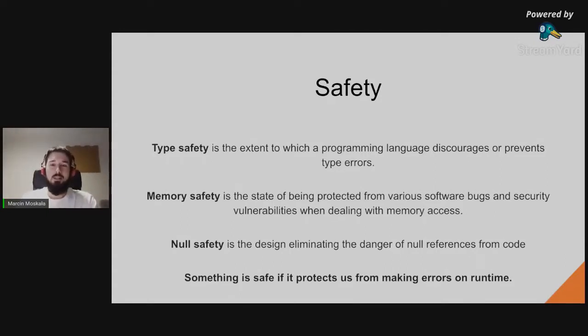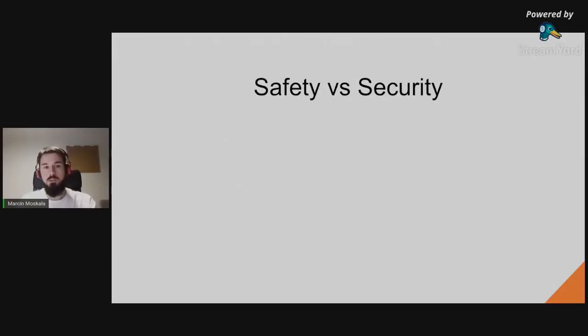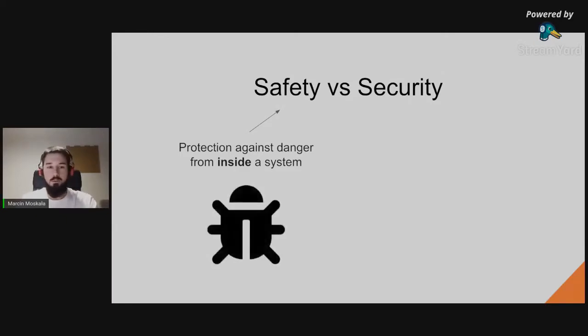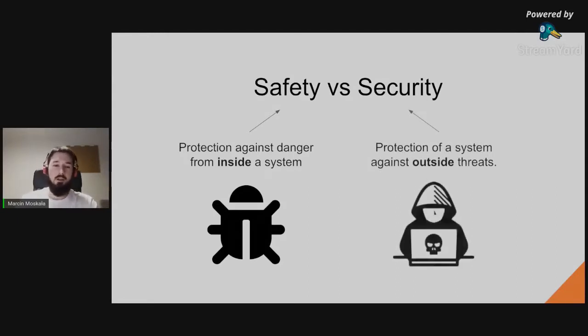So it is a set of mechanisms that prevents our own mistakes. So in this manner, safety is a very different word than security. Safety is a protection against danger from inside a system, so from bugs, from mistakes, when security is a protection of a system against outside threats that are viruses, hackers, etc.